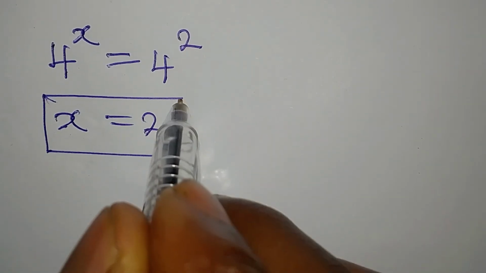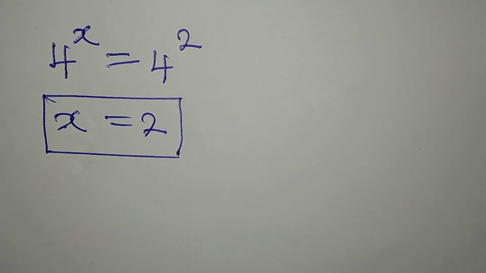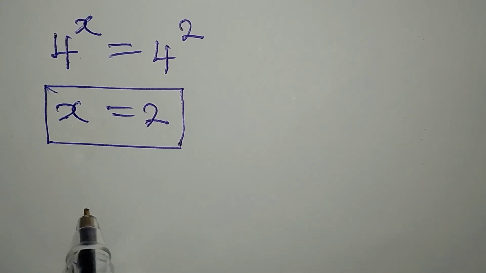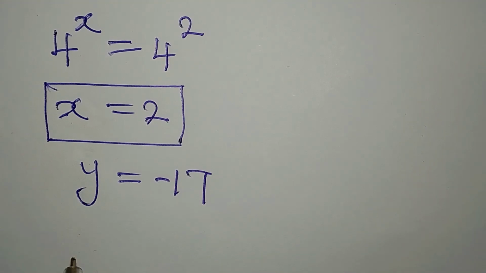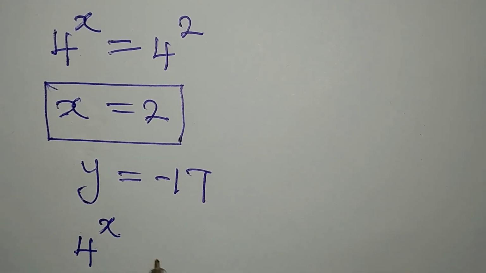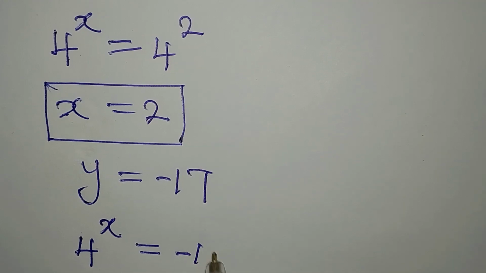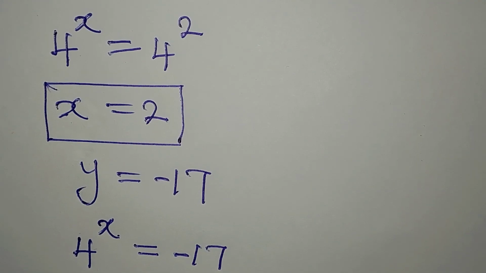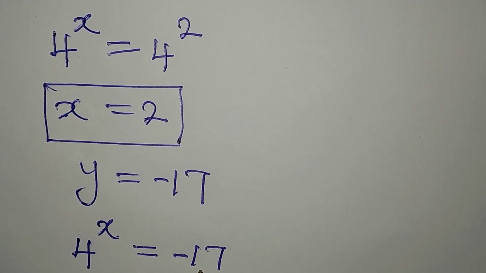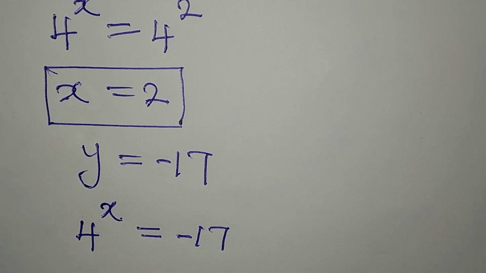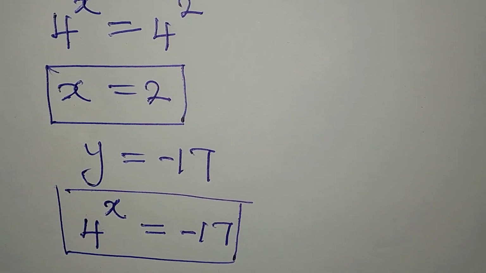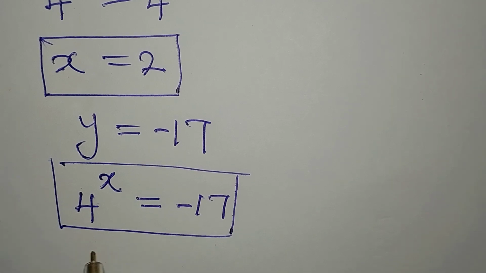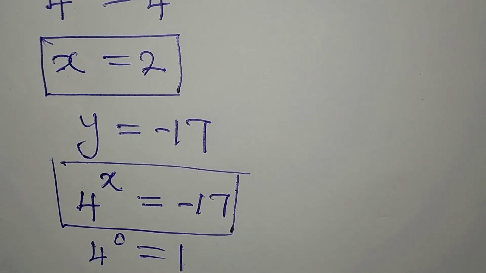Remember, we left out one of the values of y, where we had y equal to negative 17. And remember that y stands for 4 to the power of x, and that is equal to negative 17, right? If you look at this very well, you'll discover that there's no real value of x that will give us minus 17, because if you make x to be 0, 4 to the power of 0 is 1, that is not minus 17.